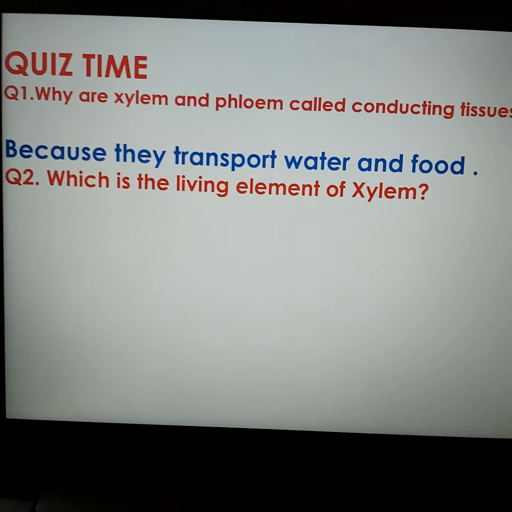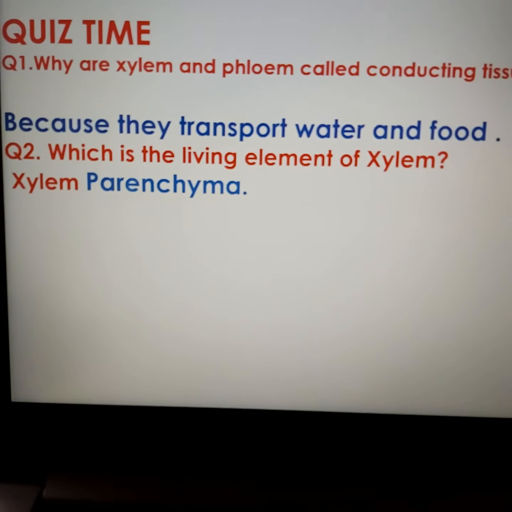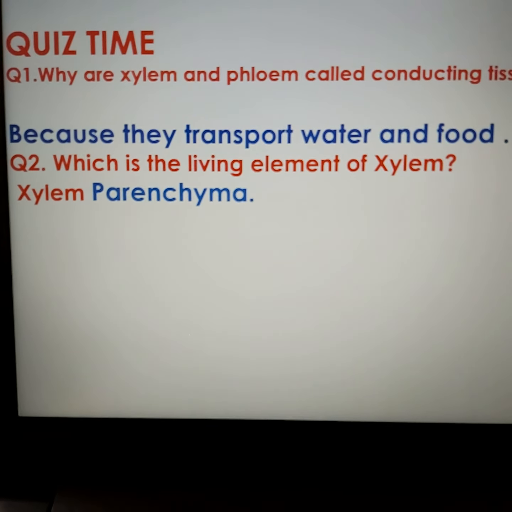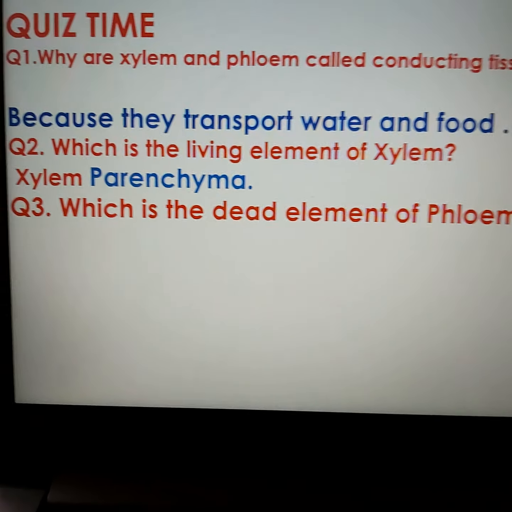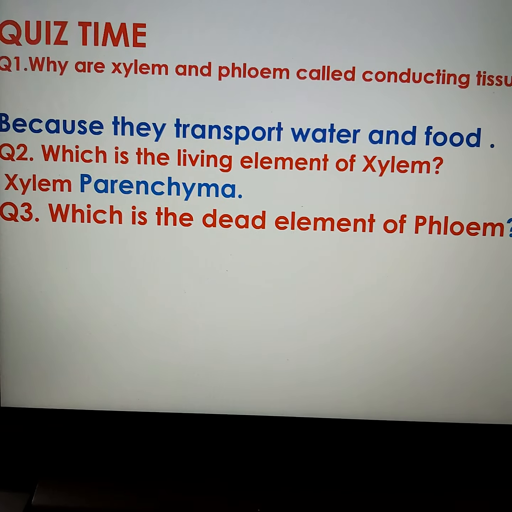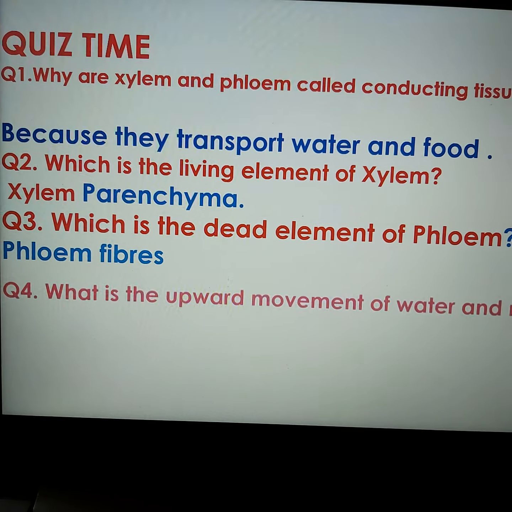There are three dead and one living. The answer is xylem parenchyma. Which is the dead element of phloem, where three are living and one is dead? It is phloem fibers.